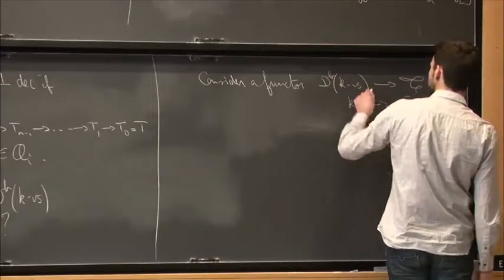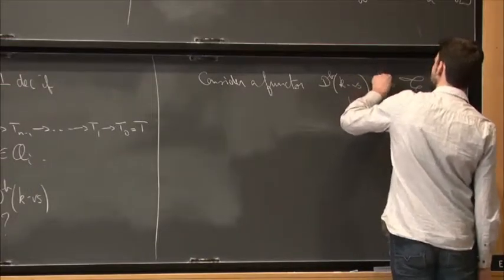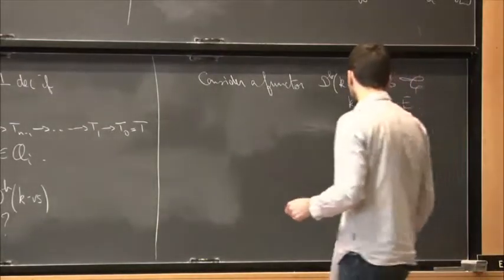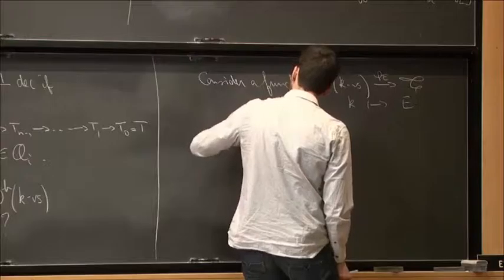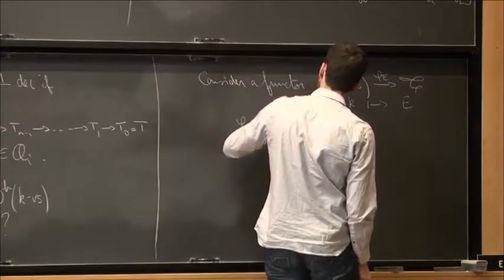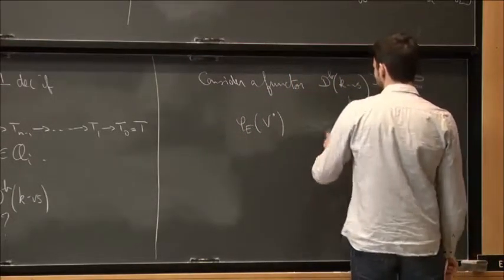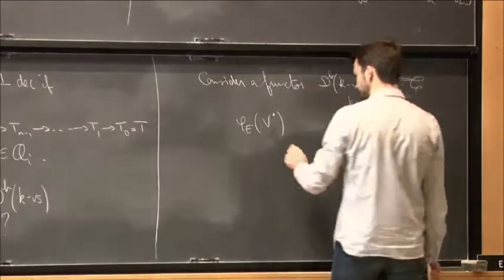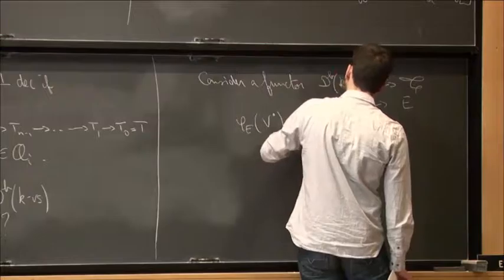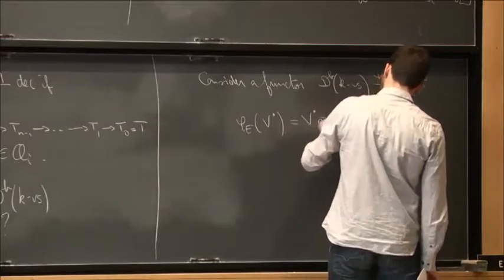Call it E, and call this functor phi_E. This category just consists of graded vector spaces, and phi_E of V dot is V dot tensor E.